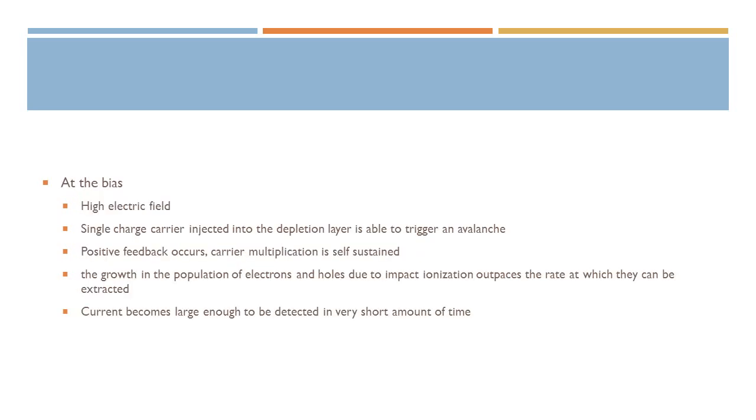So at the applied bias, the electric field is so high that a single charged carrier injected into the depletion region has the ability to trigger a self-sustaining avalanche. The avalanche is diverging because the growth in the population of electrons and holes due to impact ionization is greater than the rate at which they can be extracted, leading to exponential growth of the current. This allows the avalanche current to rise so fast it's almost instantaneous, and the current is also so large that it can be detected, usually within the milliamps range.